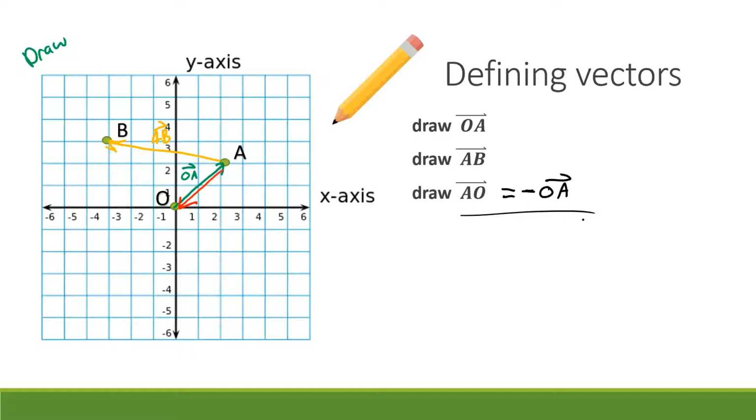Now we're going to do one more interesting point. This last one is designed to kind of rock your world a little bit. We're going to draw vector OA from point B. Now, what does vector OA look like from point B? Vector OA from point B looks like this.